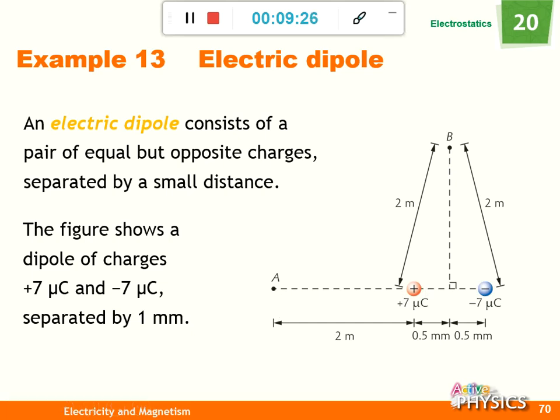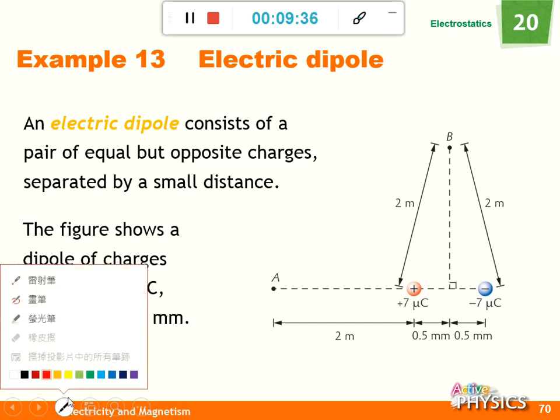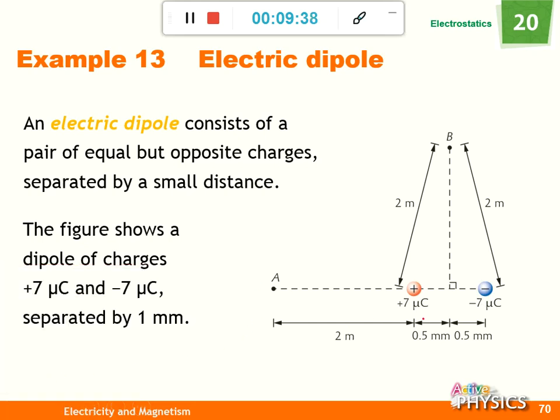Try to find out the force acting on A due to positive charge Q and also the negative charge Q. Positive and positive will be repulsive force, positive and negative will be attractive force. But please focus on the distance between them. For the negative one, the distance is greater, so the force will be smaller than the repulsive force. The resultant should be in this way, towards the left hand side.